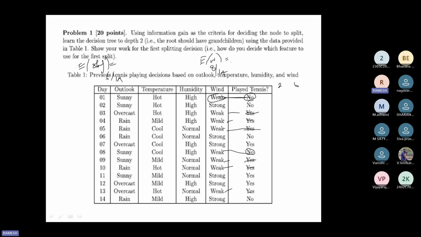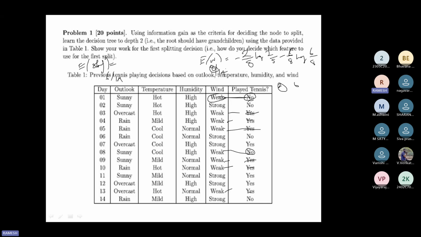So the entropy will be here. Totally how many weak? Weak is 8. So, minus 2 by 8 into log of 2 by 8, minus 6 by 8 log of 6 by 8. This is the entropy of weak.